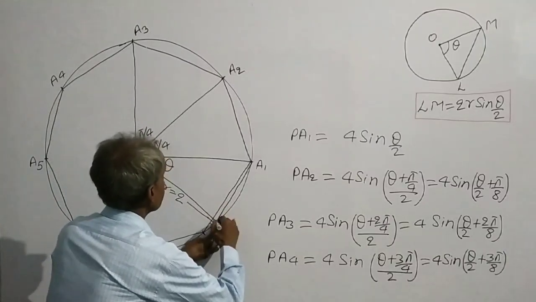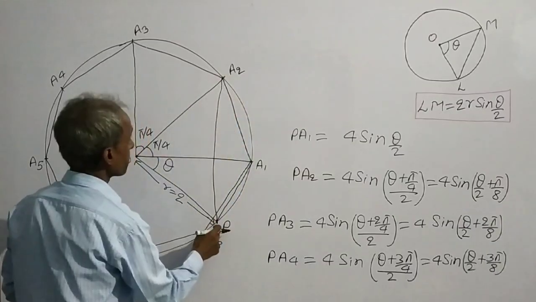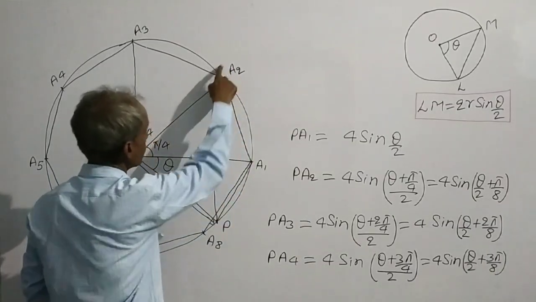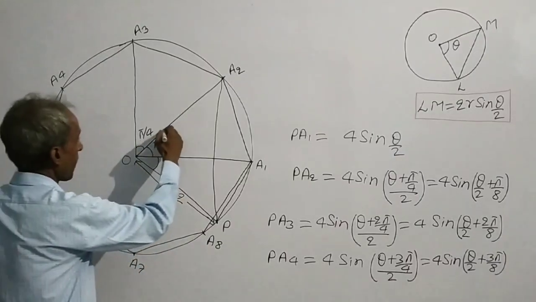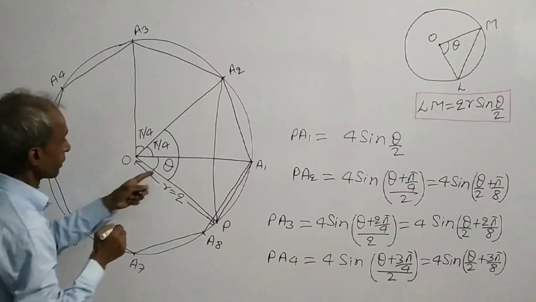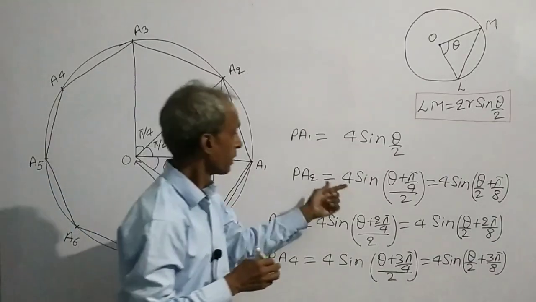If we join P with this A1, then this A2, then this PA2 is also a chord, and the angle subtended by this chord here will be equal to theta plus pi by 4.